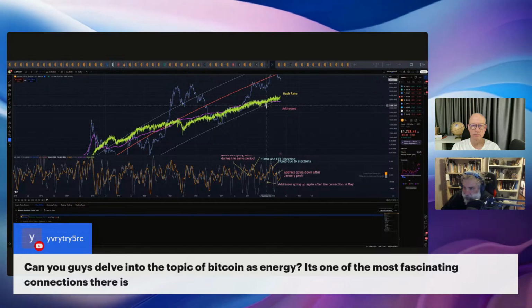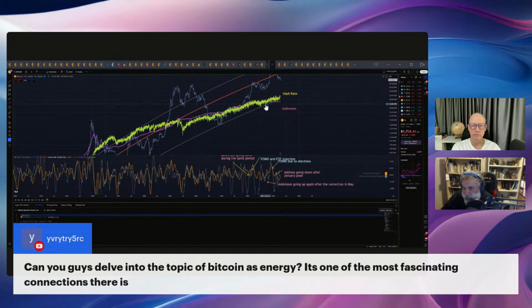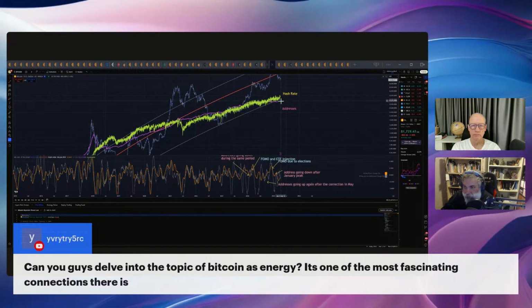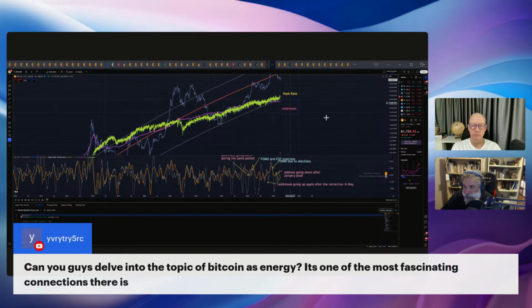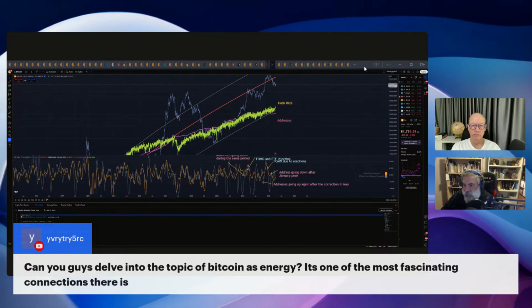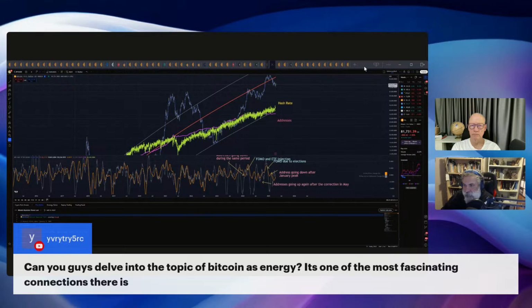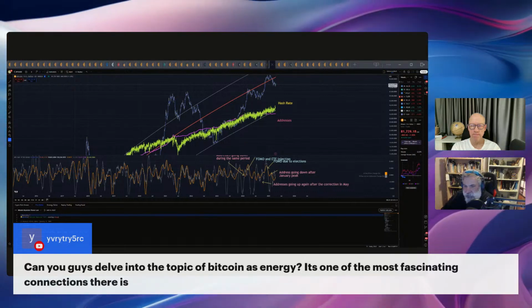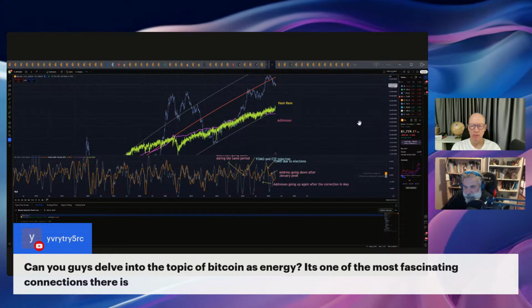It looks like it spikes, then goes down and touches that support line, and it's moving along that support line. It's really interesting. What do you think about that, Stephen? Do you think it's just a coincidence or is there something else there?